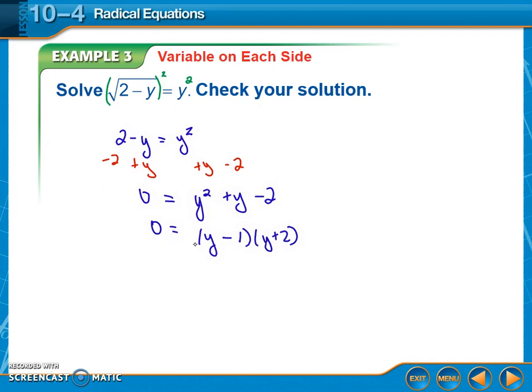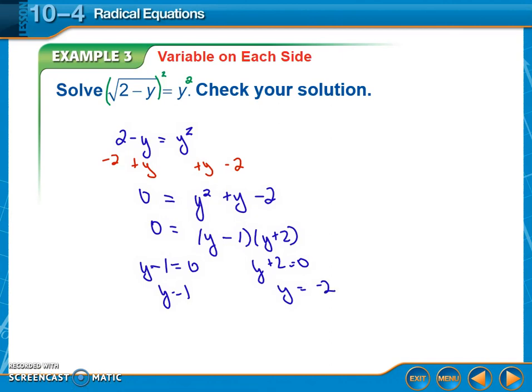Remember, once you have two things multiplied that equal 0, you set each one equal to 0. So y minus 1 equals 0, and y plus 2 equals 0. I get y equals 1 and y equals negative 2.